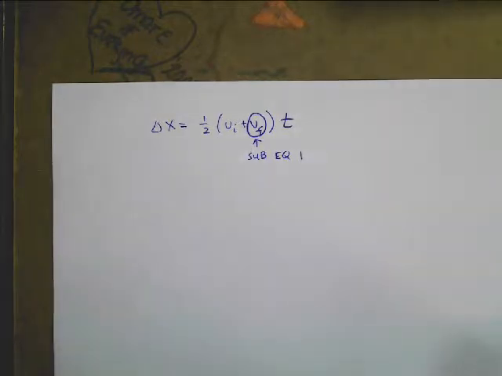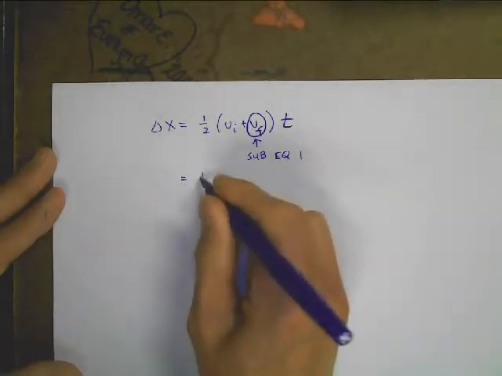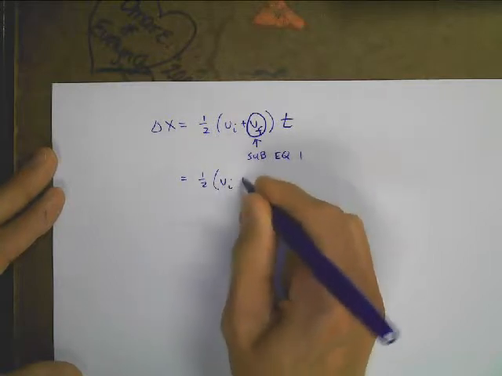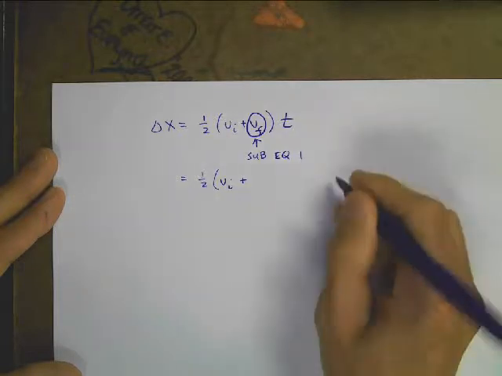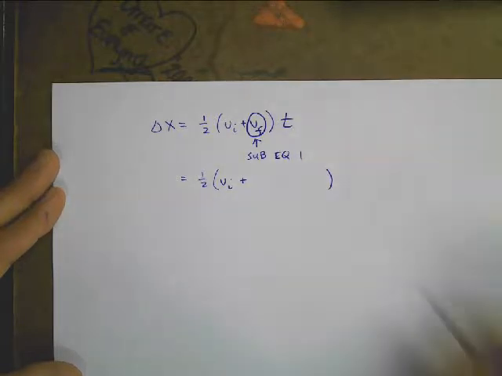All right, that means I'm going to get rid of v final, and I'm going to plug stuff in to get rid of v final altogether. Let's see what that looks like. So it's going to be 1/2 times v initial plus. Okay. I'm going to put big parentheses there and leave some space. Okay. So here it comes.